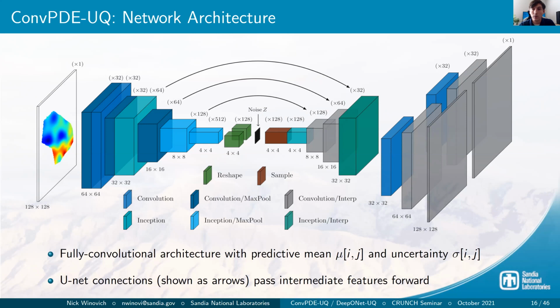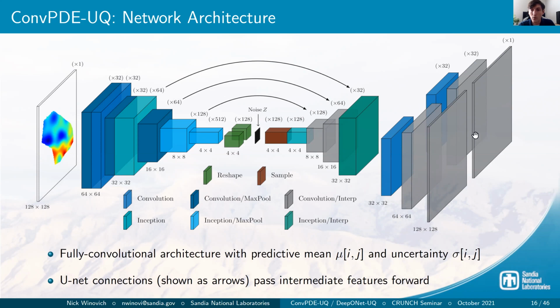So the general structure is just an encoder-decoder model. It's also using UNet connections, which just share information from the encoder with the decoder. And the only real novelty in the network design is that at some point in the decoder, we split into two branches, one for a mean prediction and one for an uncertainty or standard deviation parameter, effectively.